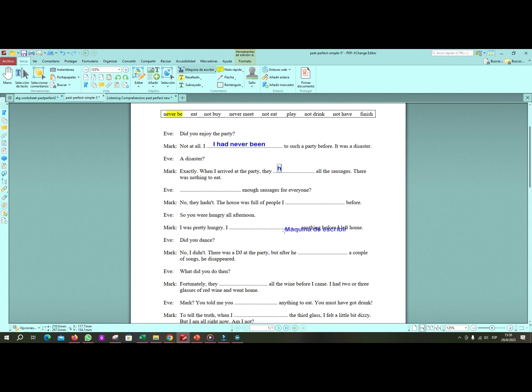Had eaten, yes, right? So when I arrived at the party, they had eaten all the sausages. There was nothing to eat, right? That's terrible. So then enough, right?